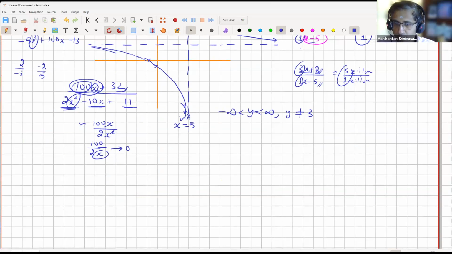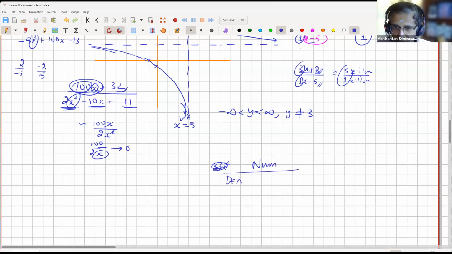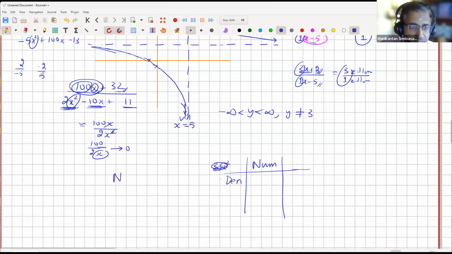If the numerator is higher, okay, so let's consider 3 cases. I'll just say this is numerator and this is denominator. Okay, I'll just do it here separately.